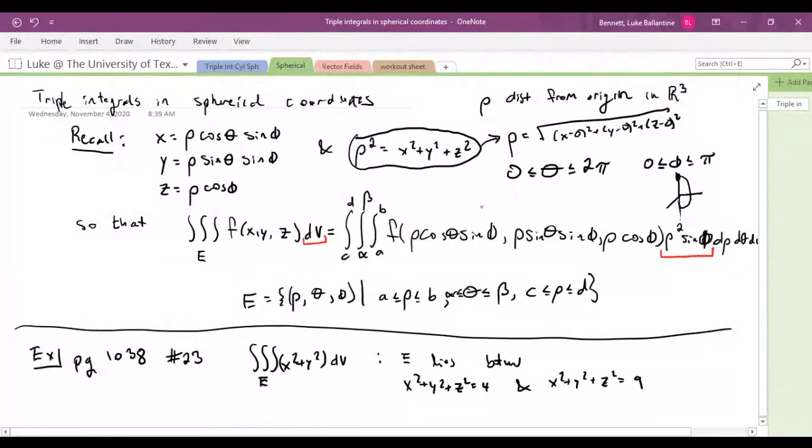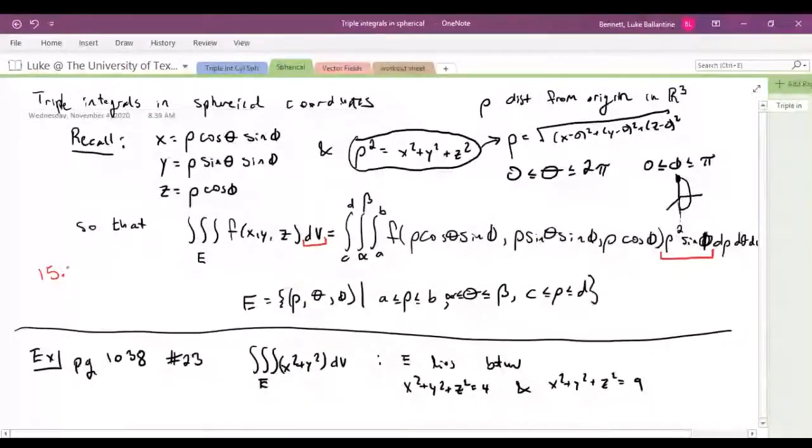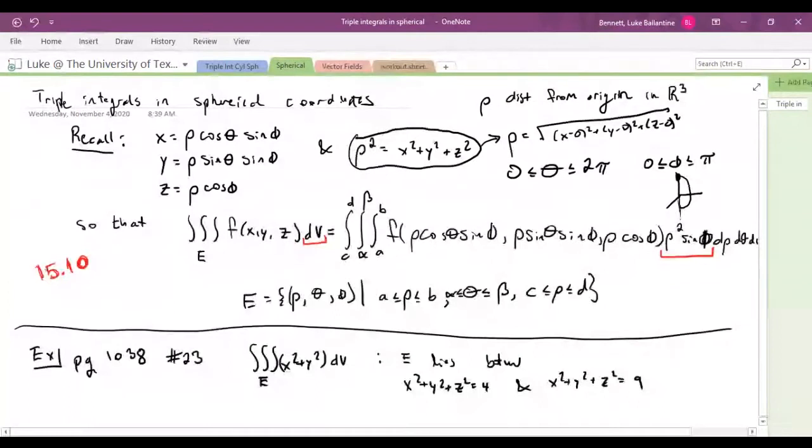Now, if you want to find out where this comes from, I'm going to forward you to chapter 15.10, change of variables. Doesn't look like it's on the curriculum, which is unfortunate, but I guess that's the COVID decision. So anyways, an E, this would be a spherical rectangle. Okay.